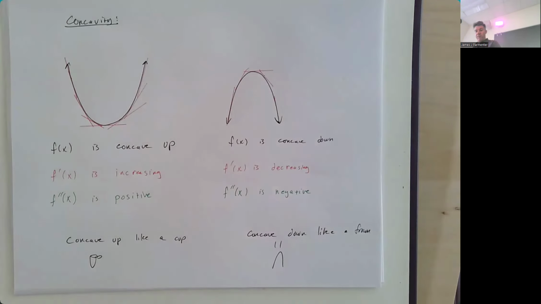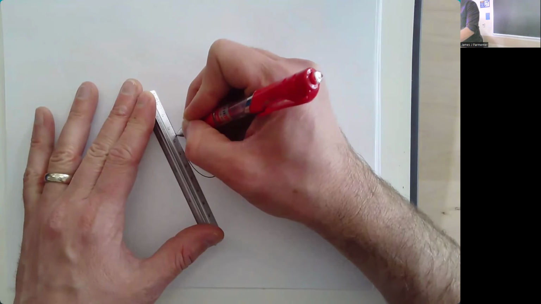if I can draw another piece of paper here. So then when you have something like that, where we go from concave down to concave up, at the inflection point, which looks like it's about right there, you have a change in concavity, and the tangent line goes through the function.